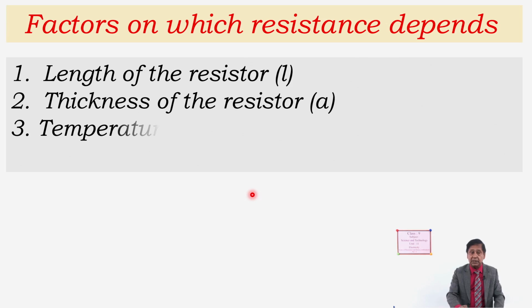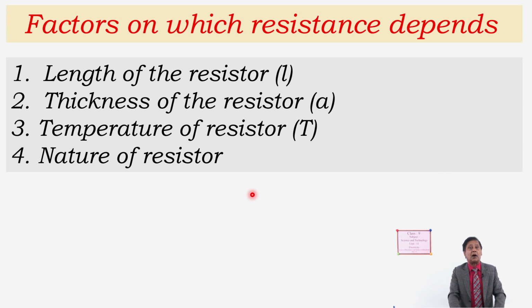And it also depends upon the temperature of the resistor. It depends upon the nature of the resistor. Now we can say in one sentence, if you are asked on which factors resistance depends, you can answer like this: resistance depends upon length, thickness, temperature and nature of the resistor.